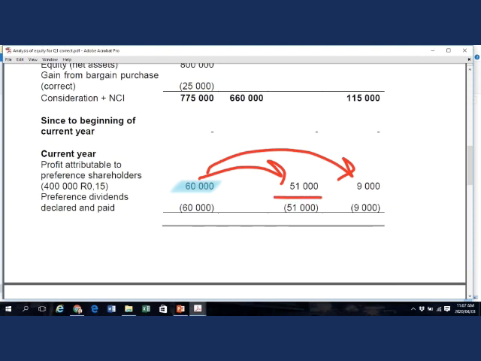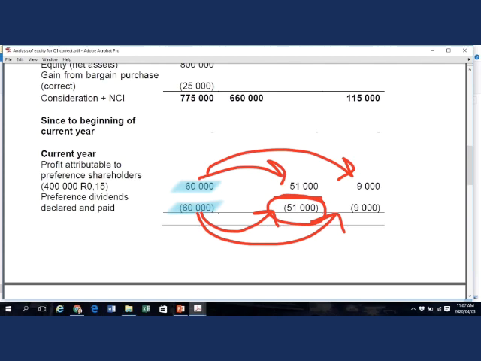So this 51,000 would be added to the retained earnings attributable to the owners of the parent. Together with that, there was a preference dividend declared in the current year. This would then again be attributed to both the parent and NCI. This 51,000 dividend income received by the parent will be eliminated against the profit of the parent as intra-group interest.